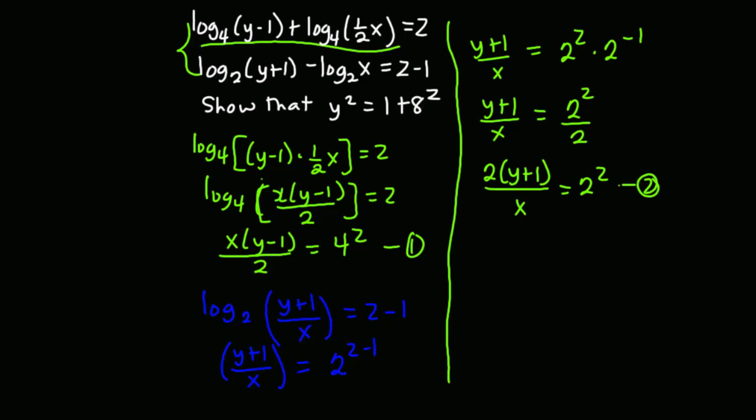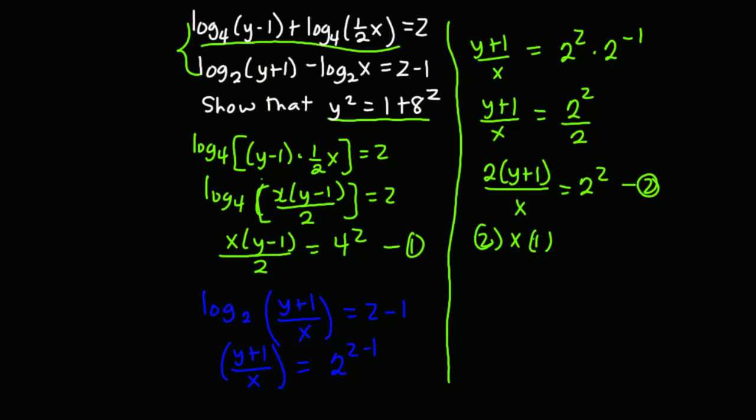Now for us to be able to get y squared is equal to 1 plus 8 exponent z, we are going to combine these two equations, and the only way we can combine them is by multiplying them. So equation 2 times equation 1.